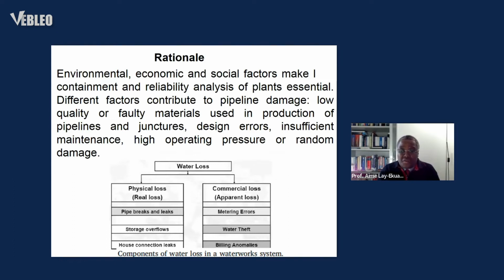I mean, maybe uncertainty in measuring the quantity of water. It could also be possible, in some cities, that we have the issue related to water debts, and billing, maybe billing anomalies.